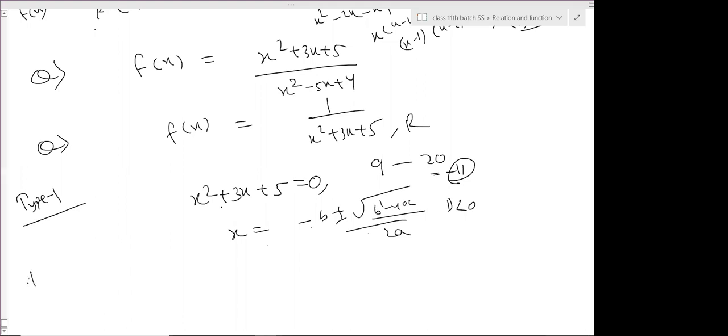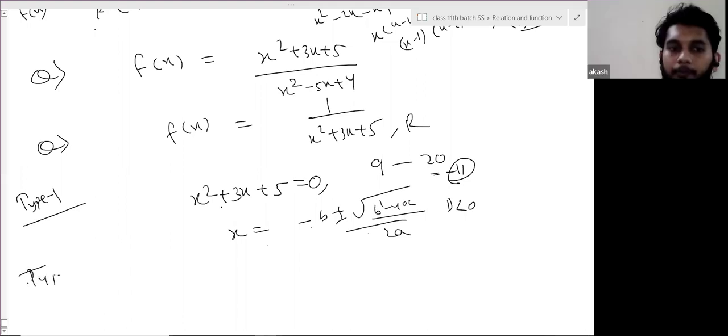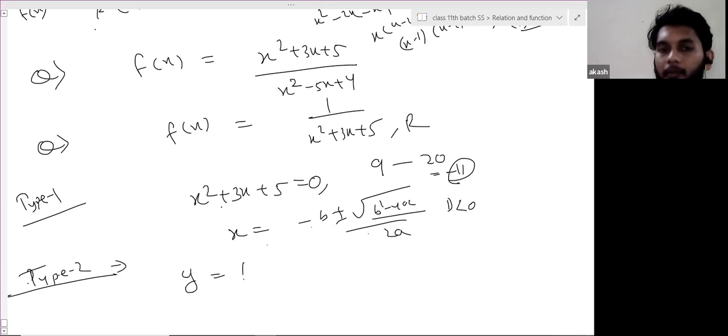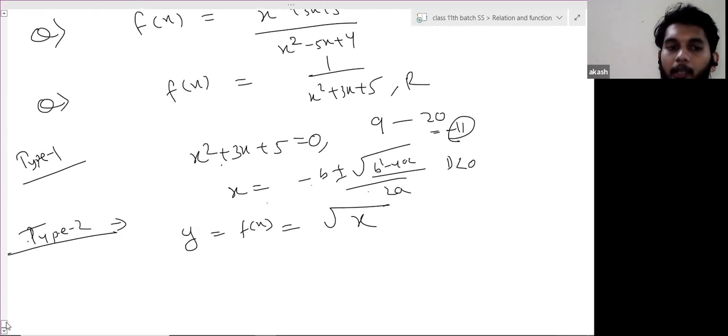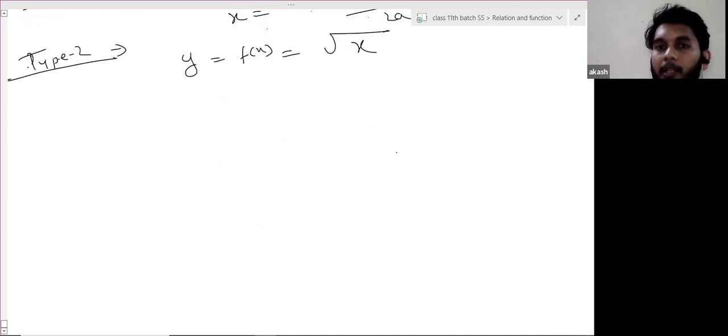All right. So what is type 2? Type 2 is the under root function. Y equals to f of x, which is equals to under root x. Now, whenever they give you under root, you have to notice that under root takes only 0 to infinite values. It cannot take negative values.